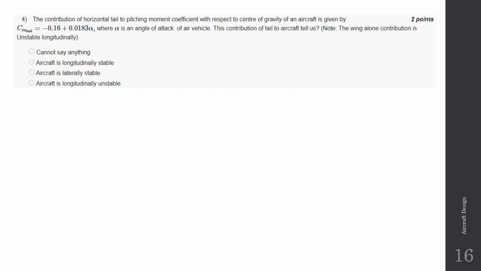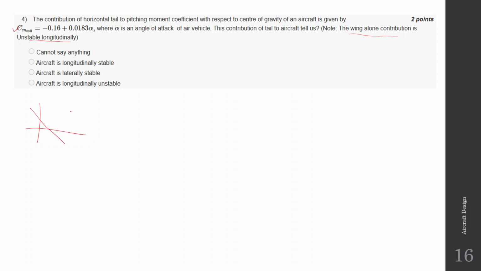Here the moment contribution due to the tail has been given like this, and the wing contribution has not been provided. Instead, it has been told that the wing alone contribution is unstable longitudinally. So let us again investigate.